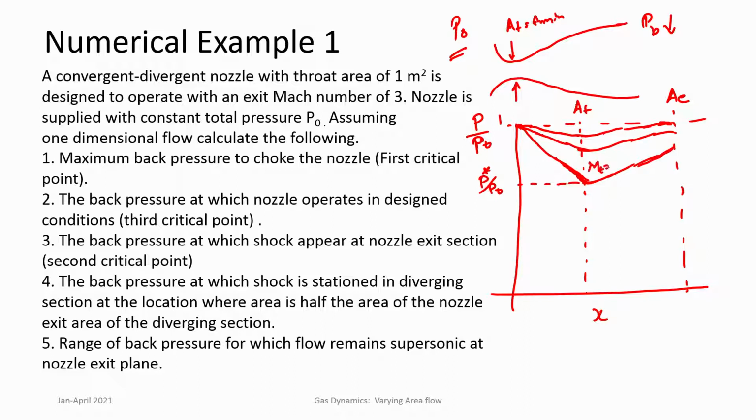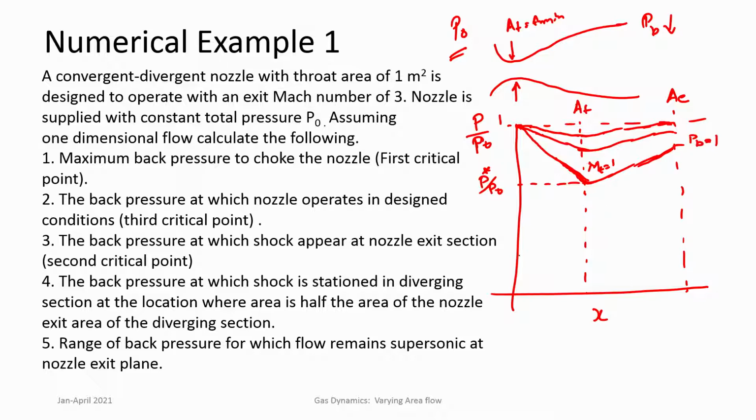So M_T equal to 1. When this is done, then mass flow rate becomes choked. Further decrease in back pressure will not change mass flow rate. It will not affect the upstream also, so the upstream will behave the same. And so this particular back pressure is the first critical point.